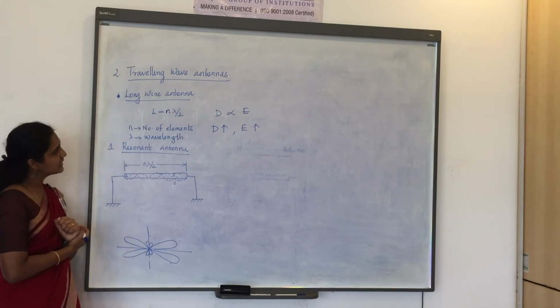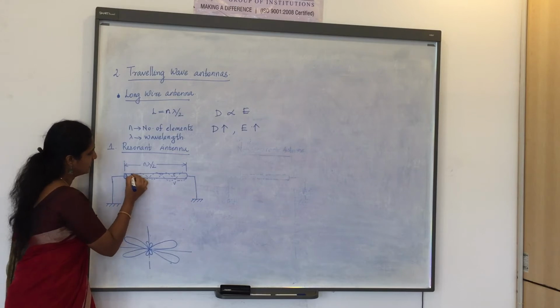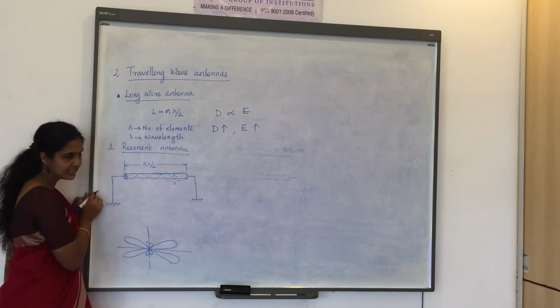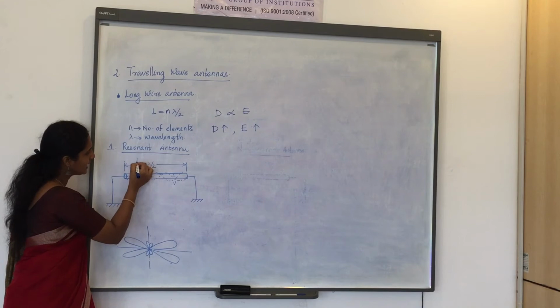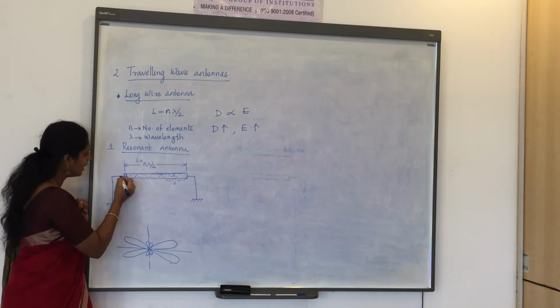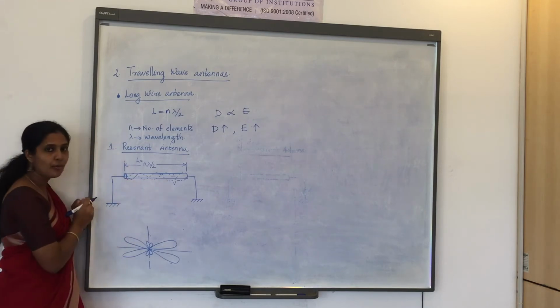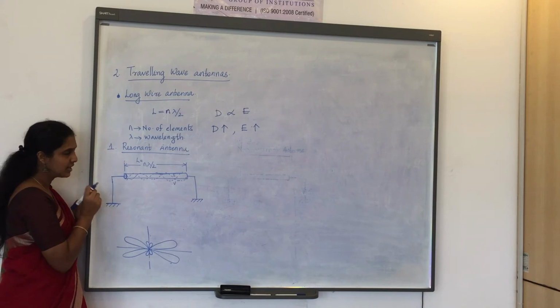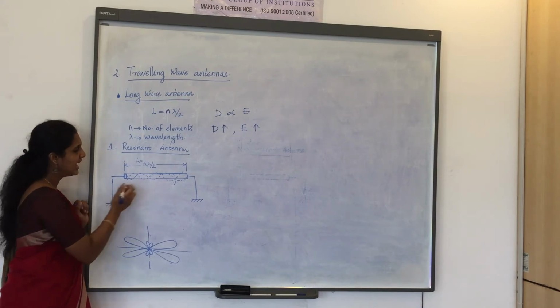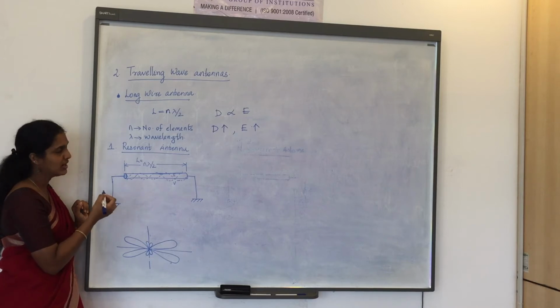In the resonant long wire antenna, we consider a long wire like this. The length of the long wire is L equal to n lambda by 2, always a multiple of lambda by 2.